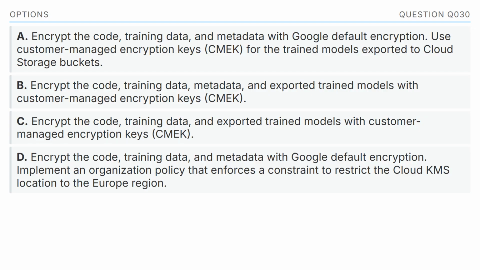Option C, encrypt the code, training data, and exported trained models with CMEK. Option D, encrypt the code, training data, and metadata with Google Default Encryption. Implement an organization policy that enforces a constraint to restrict the Cloud KMS location to the Europe region.